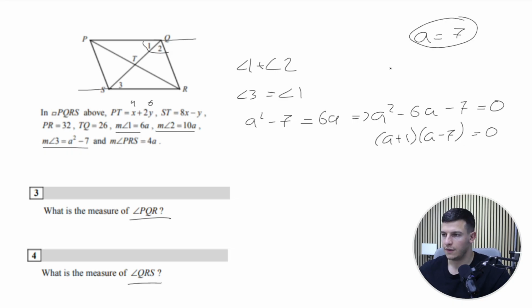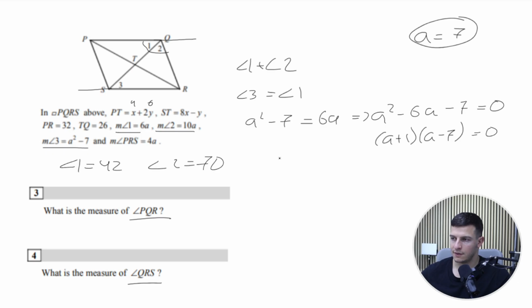If a is equal to 7, that makes my angle 1 6 times 7, 42. That makes my angle 2 70, because of 7 times 10. And my angle 3 is going to be 7 squared minus 7, which is going to be what? 7 squared is 49, 49 minus 7, 42.